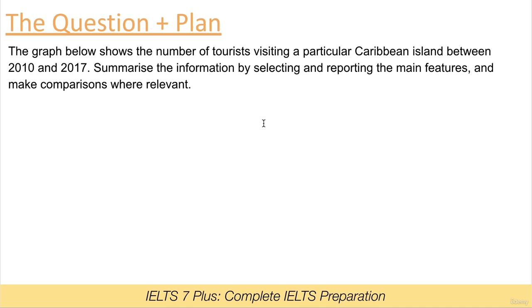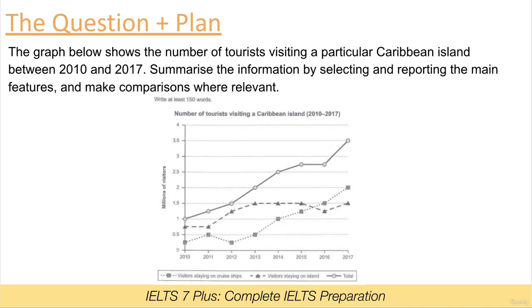Okay, so now that we've read the question, we can have a look at the data itself. Right, lots going on here, so let's have a think. This is the number of tourists visiting a Caribbean island 2010 to 2017. That's the title. On the x-axis, we've got the years 2010 to 2017. On the y-axis, going up this way, we've got millions of visitors.